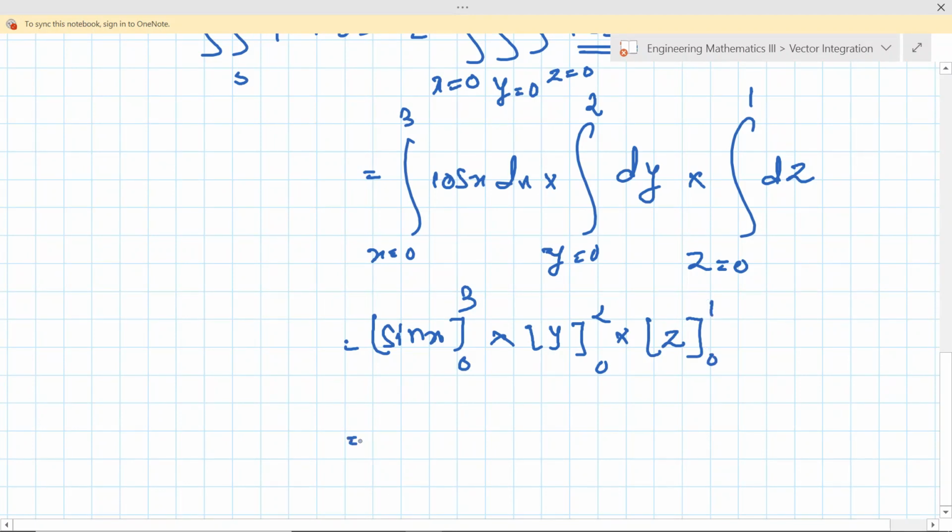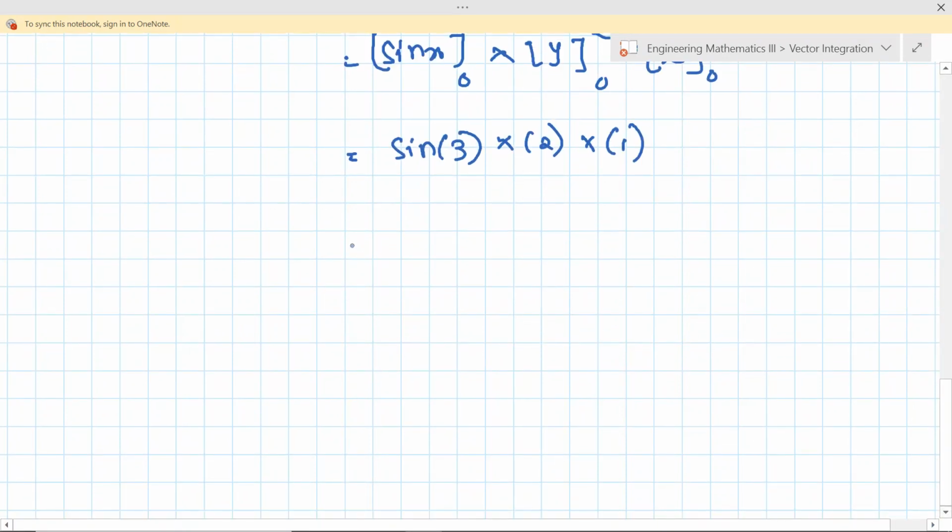If we apply the limits, for upper limit it is sine of 3, for lower limit it is sine 0, which is 0, into 2 minus 0, into 1 minus 0. So my answer to this question is finally 2 sine of 3. This is my answer.